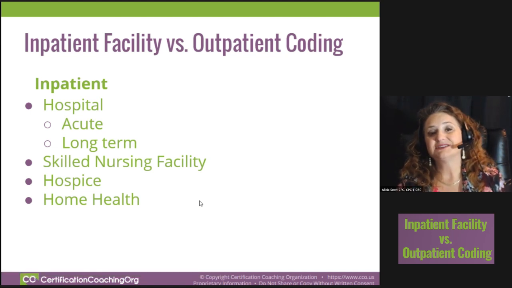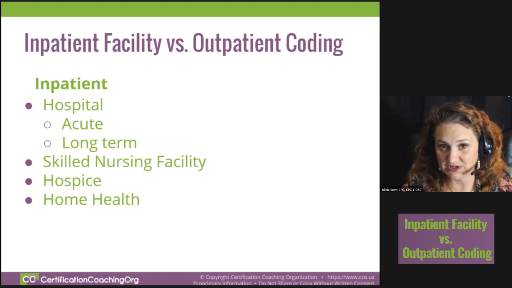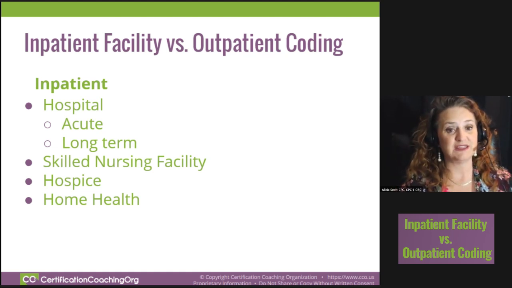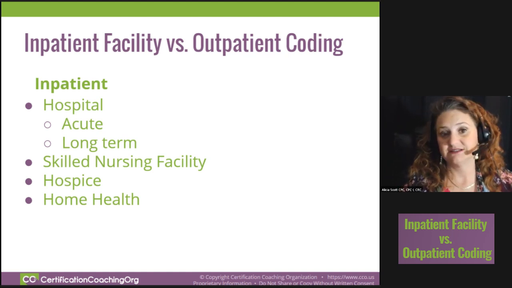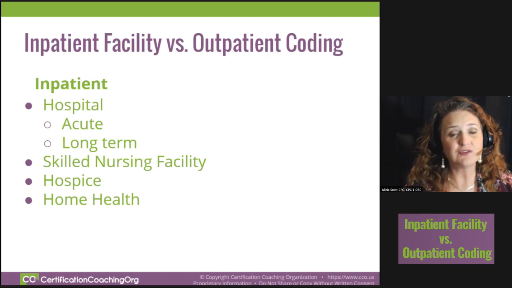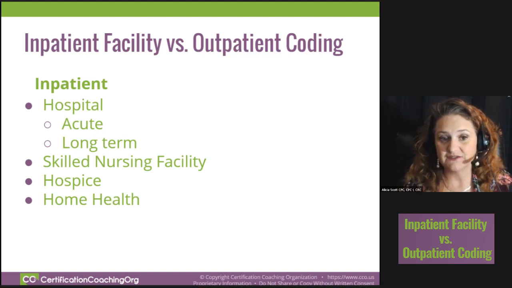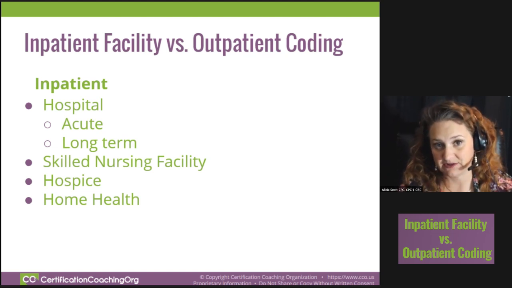Let's talk about some of the different places that constitute inpatient care, because of course we think of a hospital. That's what inpatient is, a hospital. However, there's actually some other areas that you might not have realized is an inpatient facility. So the first one, again, inpatient, and there is acute and long-term hospitals.